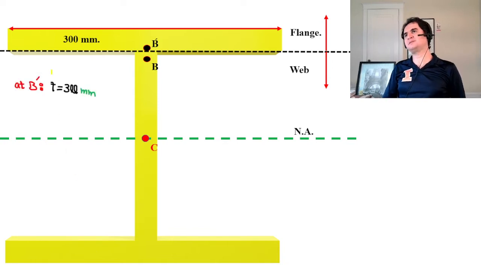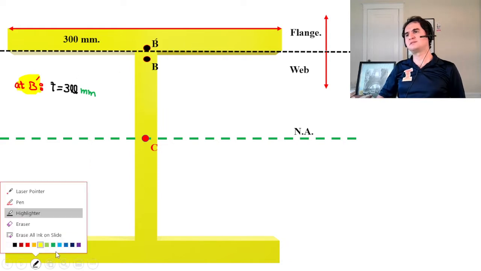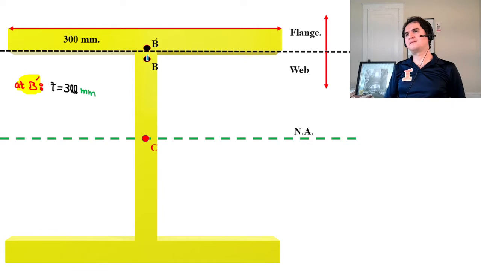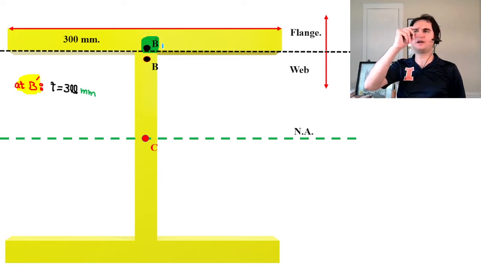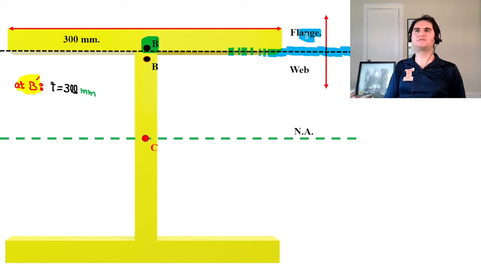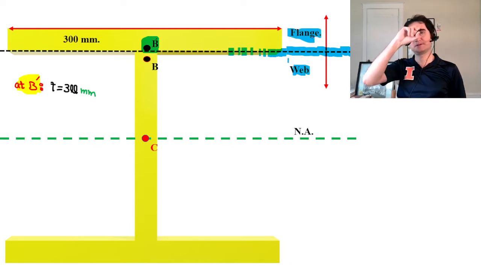So for example, let's consider a point like B prime, just this much higher than the line which separates the flanges from the web.